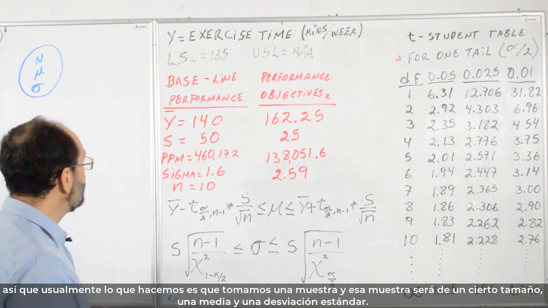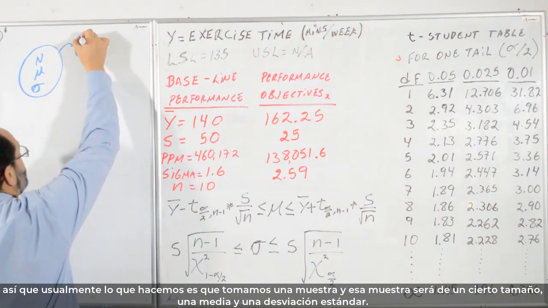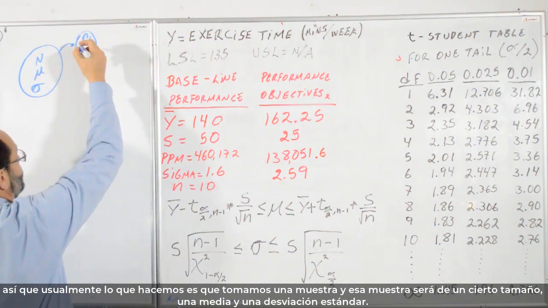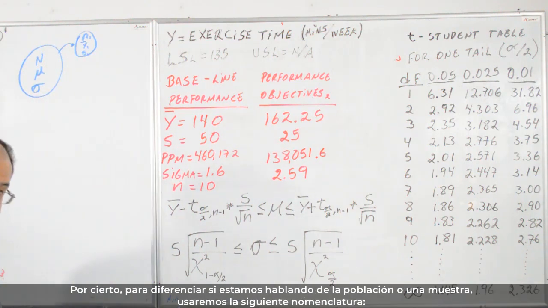So usually what we do is that we take a sample, and that sample is going to have a size, and it's going to have a mean and a standard deviation.